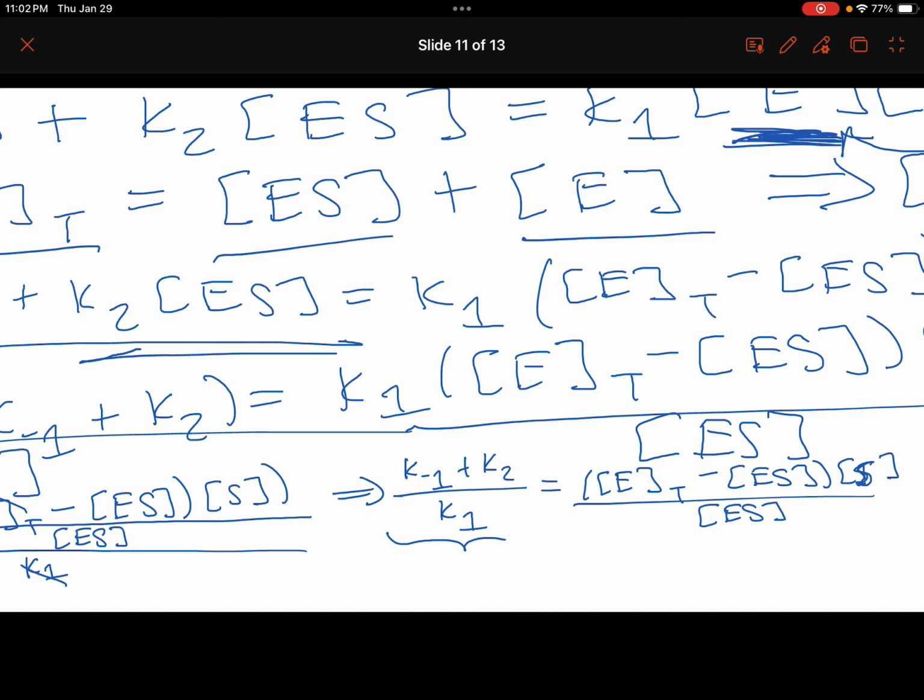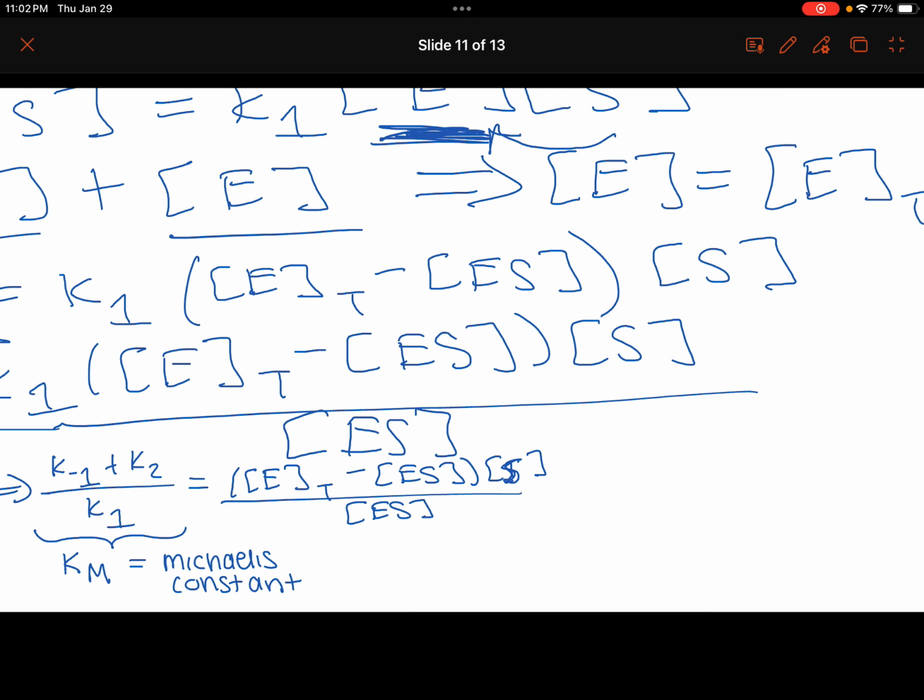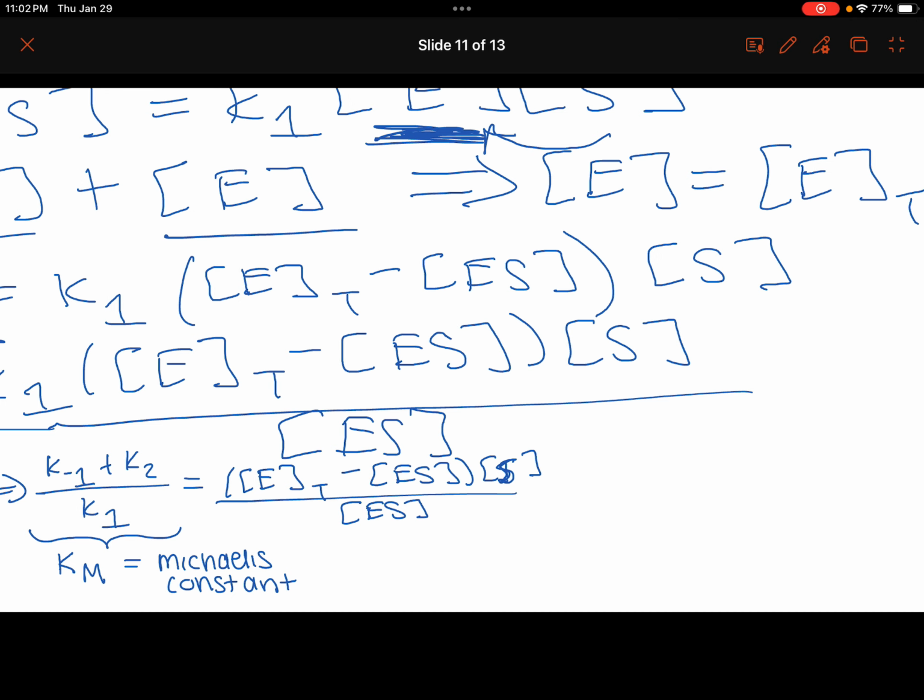And we're going to call that Km, which is our Michaelis constant. And that is very useful. We're going to talk about that later. So that is going to all become Km.